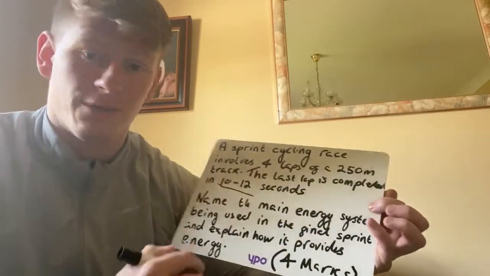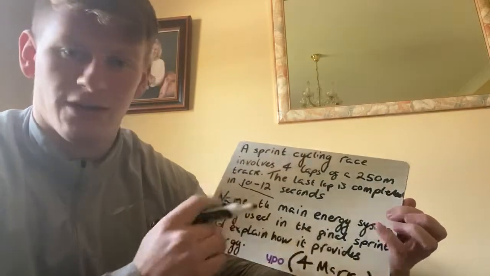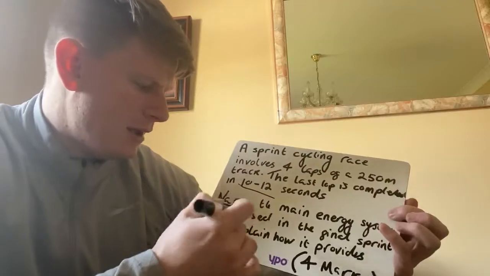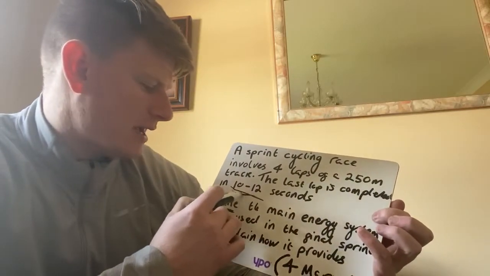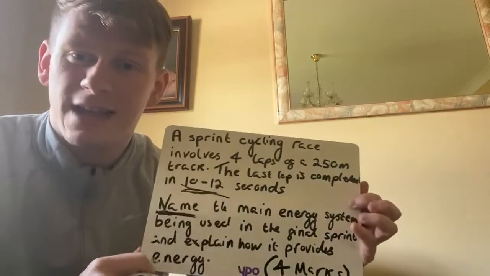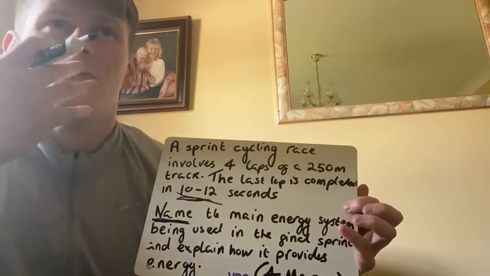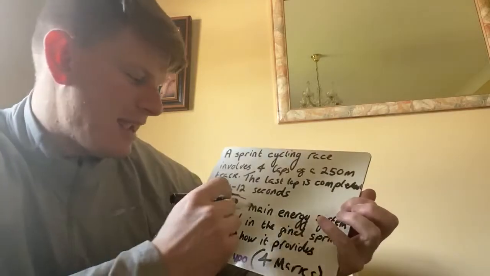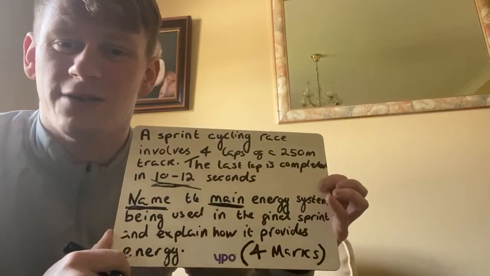The first thing we need to do is name the main energy system being used. To work that out, I've got to look at the time frame. It says 10 to 12 seconds. In your head, you should be thinking, it says main energy system, so what's providing the majority of the energy?